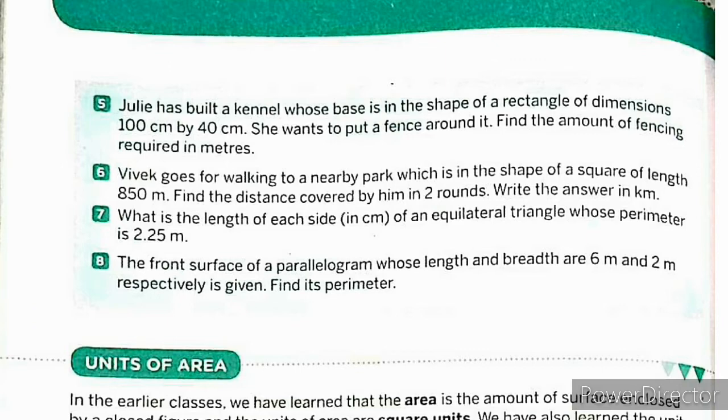So in this question, we have a girl, Julie, who has to build a canal which has a base shape that is a rectangle of dimension 100 centimeter by 40 centimeters. She has to put a fence, means we have to find the perimeter of a rectangle which has length 100 centimeter and breadth 40 centimeters. So how we will find this? Let's look at this on our whiteboard.